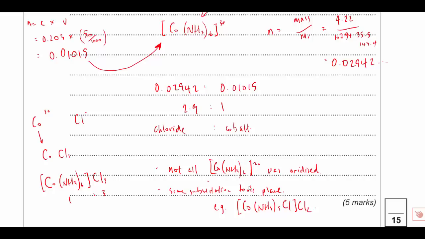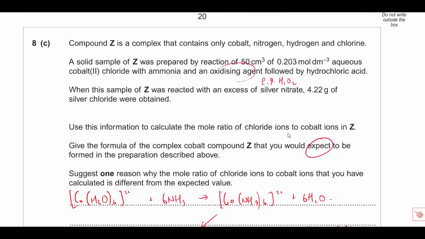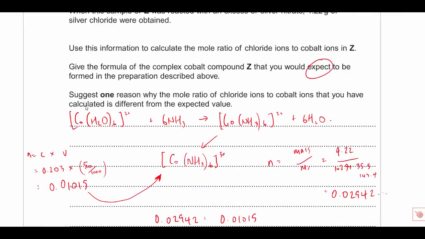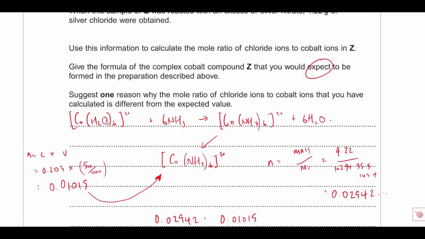I'm not sure how much of a good job I've done of explaining that question, because I think it's a very, very difficult question. A lot to it, a lot of words. But basically, your compound Z, there's your preparation. We worked out the moles of cobalt ions in the original given volume and concentration, which transposes across to give us the fully oxidized cobalt compound as a 1-to-1 ratio, which you can look at the equation and work out.